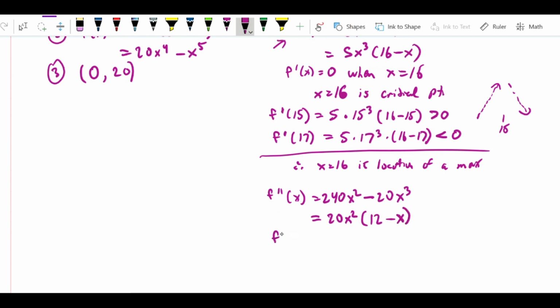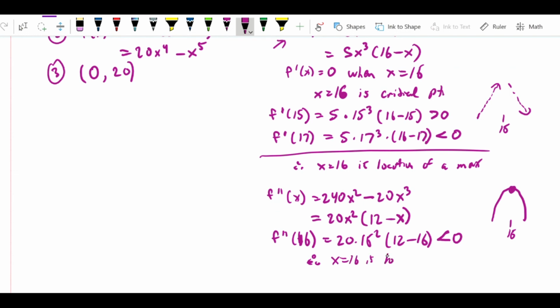If I take f double prime of 16, I get 20 times 16 squared times 12 minus 16. That's a positive number times a positive number times a negative number, so that's less than 0. The function is concave down, so the critical number 16 is sitting atop a concave down function. So by the second derivative test, x equals 16 is the location of a max.